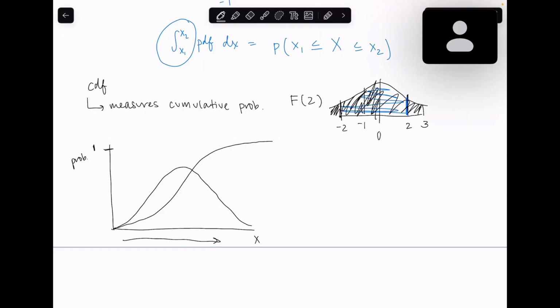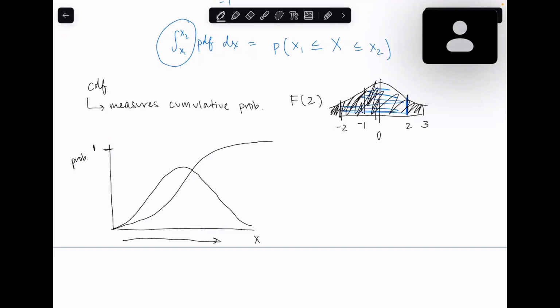So the cumulative distribution function is just going to be approaching 1 as you increase the x values, because all a CDF is giving you is the probability below a certain value that x can take on. A PDF is showing the distribution of those. So they're different in that way.